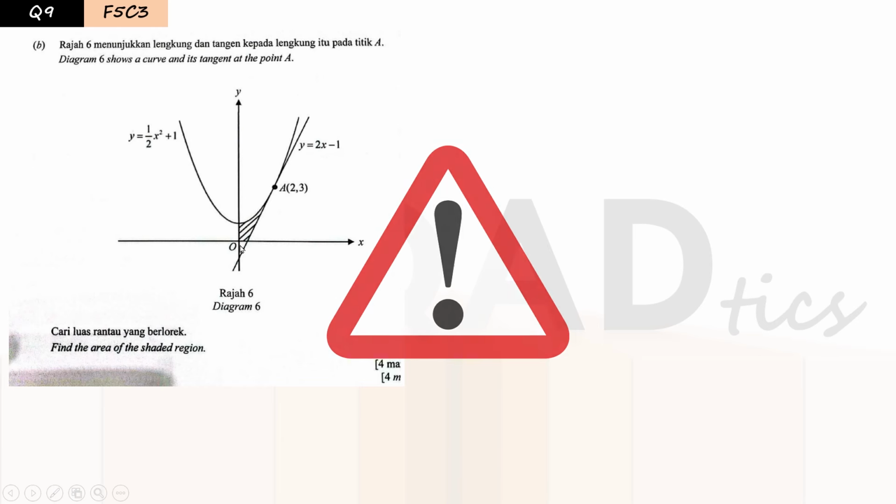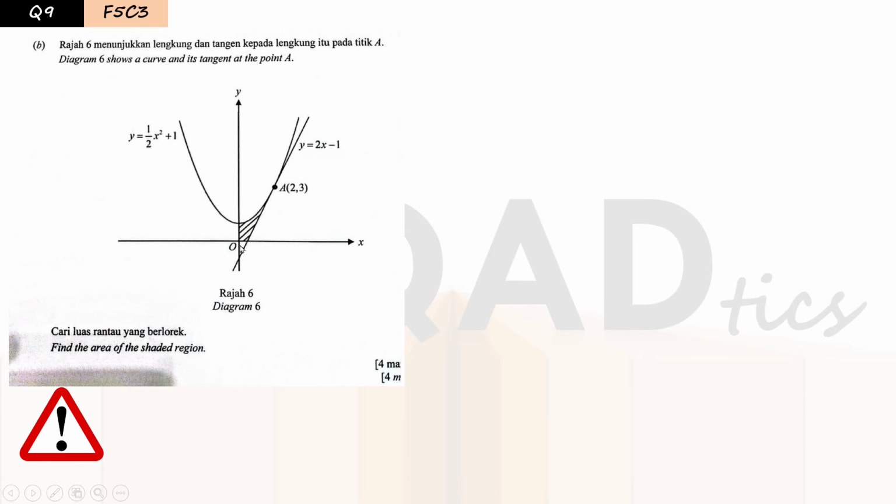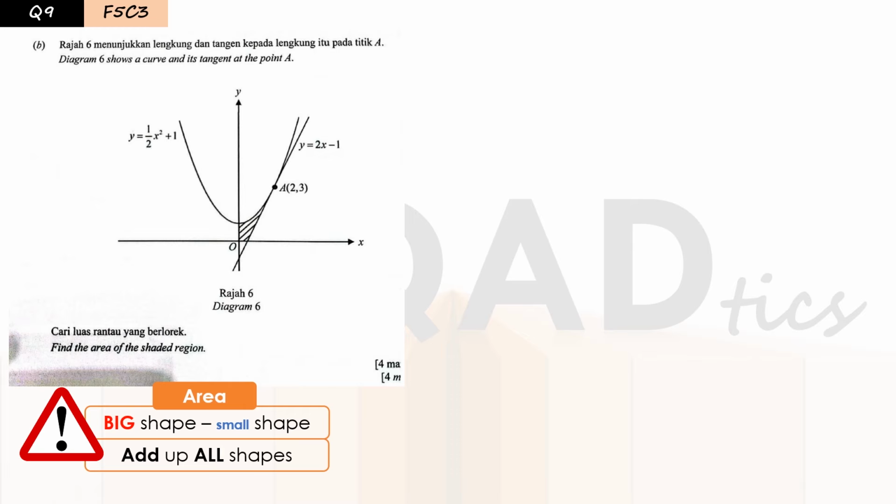To find the area of the shaded region, I will always recommend students to use either one of these two ways according to the question. The first way is big shape minus small shape, and the other is add up all the shapes that we can recognize. To show big shape minus small shape, let me use this question as an example. The big shape will be the shape that we can recognize and includes the area that we want.